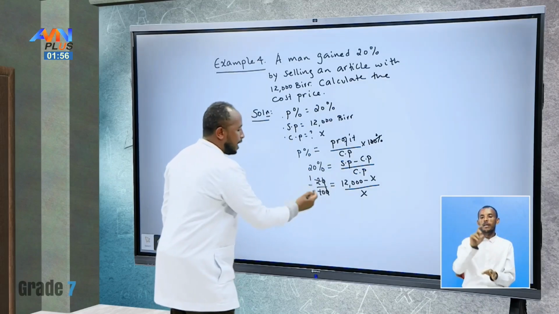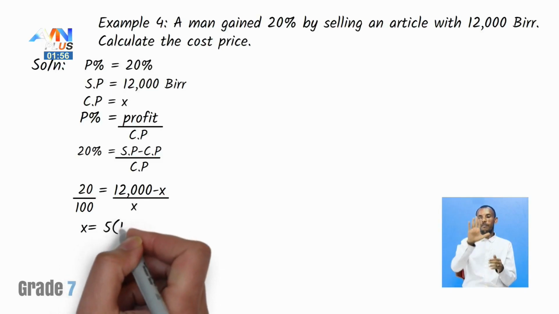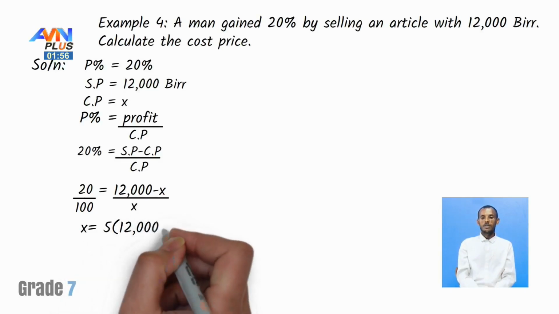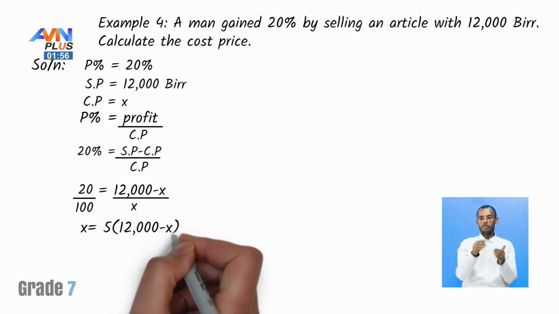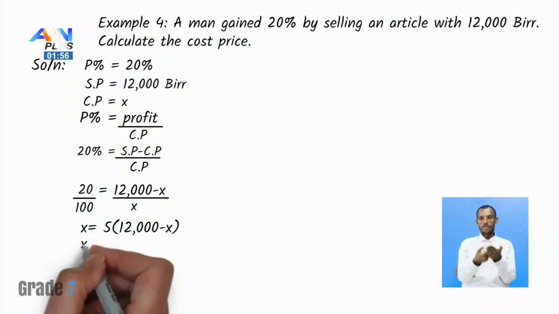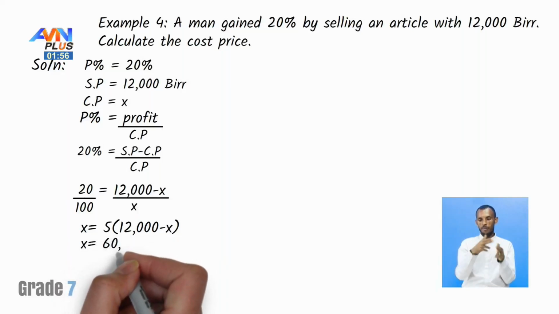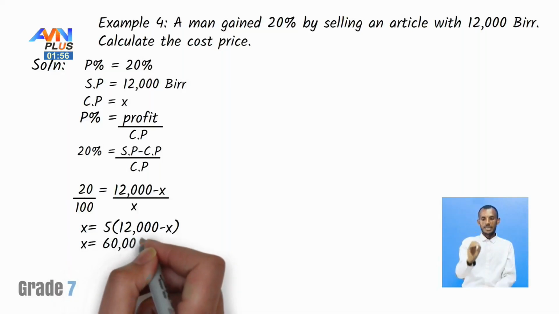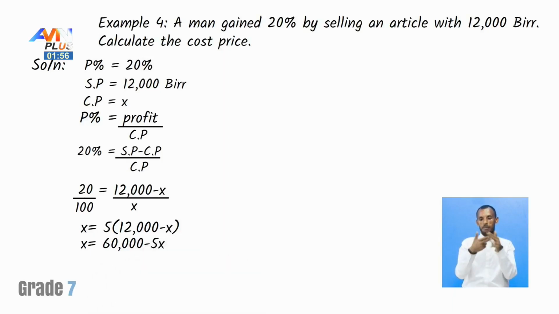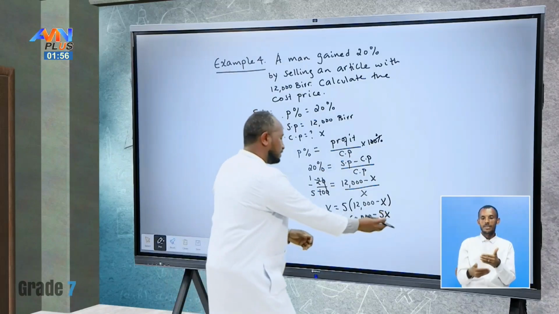X times 1 is this X, and 5 times 12,000 minus X. So X is equal to 5 times 12 is 60. Therefore, you have 60,000 minus 5 times X is 5X. And then take 5X to this side.